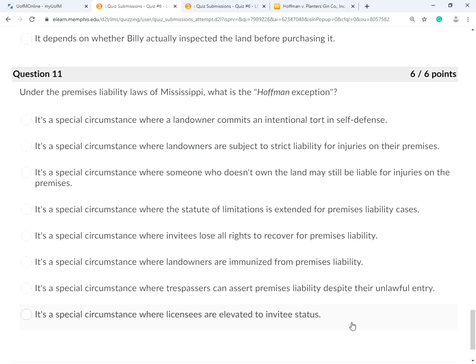And they were saying that she left her status as an invitee once she started walking around the hotel. Coupled with all that information, and looking specifically at the Hoffmann v. Planters Gin Company case, I said this must be the answer, and I did select it.